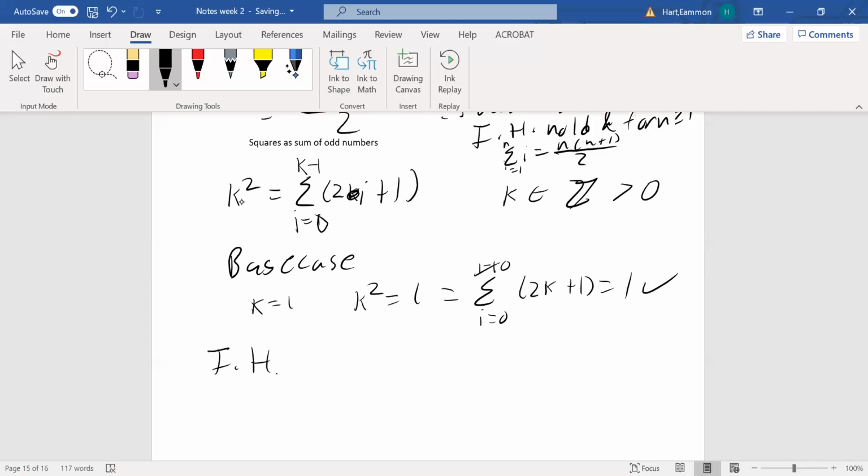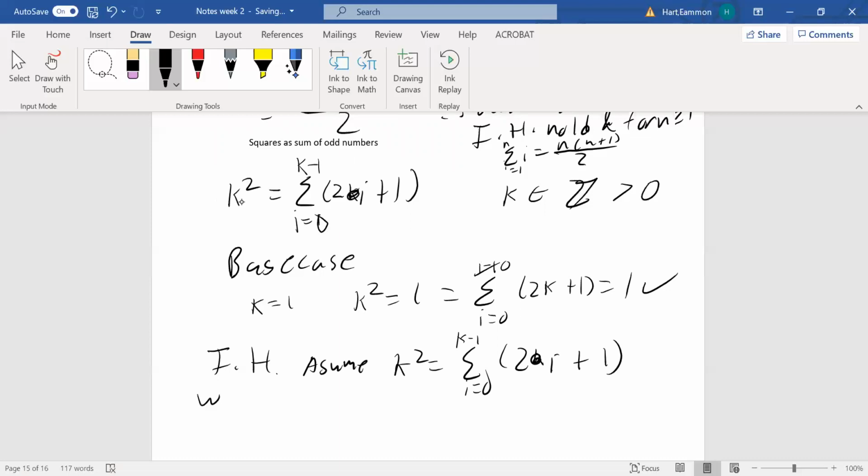Now, the inductive hypothesis: assume that k squared is equal to the sum from i equals 0 to k minus 1 of 2i plus 1.